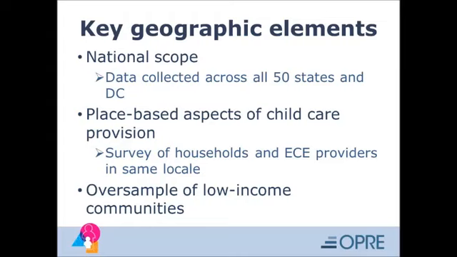As I've mentioned, the data were collected nationally in each of the 50 states as well as the District of Columbia. We had a place-based dimension to the design, and so households and providers were selected from the same local areas, and there was an oversample of low-income communities.